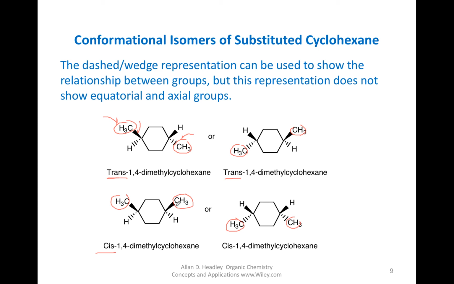So be careful. If you're asked to show the most stable conformer in which groups are in the equatorial or axial position, you cannot use this type of representation. You'd have to use the other one with the chair and indicating the axial and equatorial.